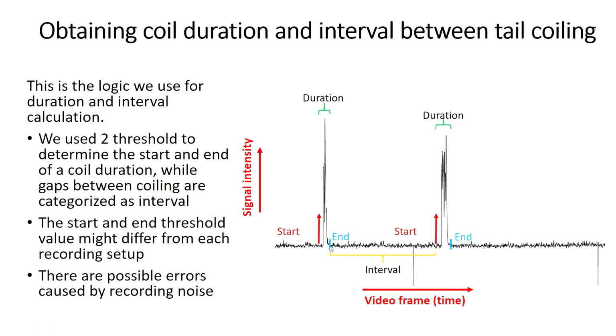The value went down to the noise value. The start and end thresholds might differ for each recording setup, and there are possible errors caused by recording noise. So if you have severe recording noise, then you need to set the start threshold to be higher.